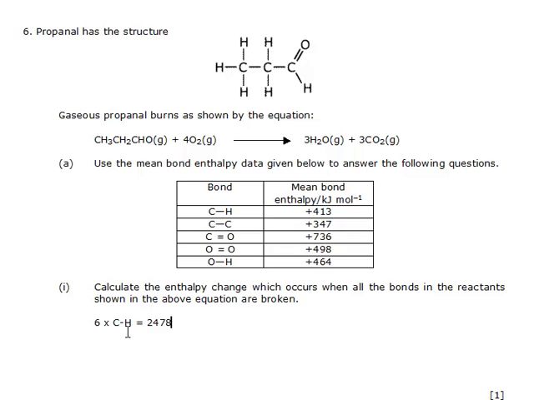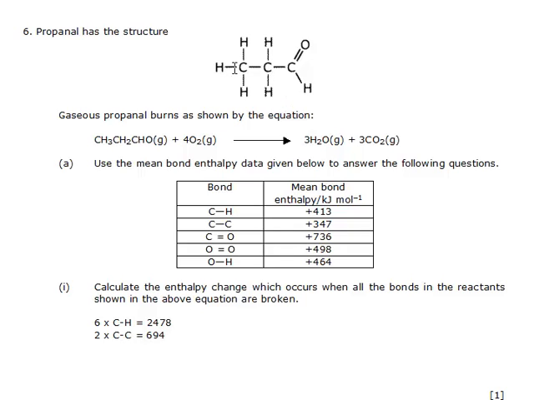And 2 CC bonds: 2 times CC, each CC bond is 347, 347 times 2, 694.